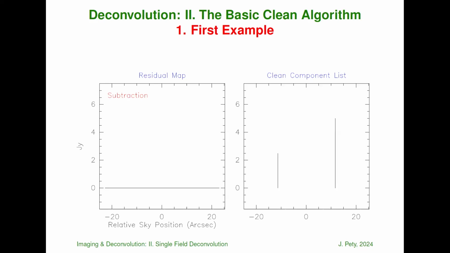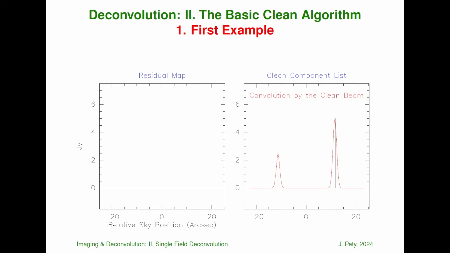So there is some uncertainty on the position of your point source. In order to avoid this, we regularize the solution. The clean component list we convolve by the clean beam, the synthesized beam that we have fitted at the start of the process.